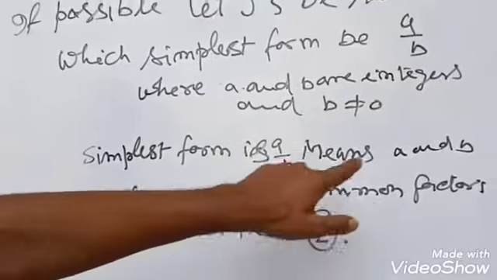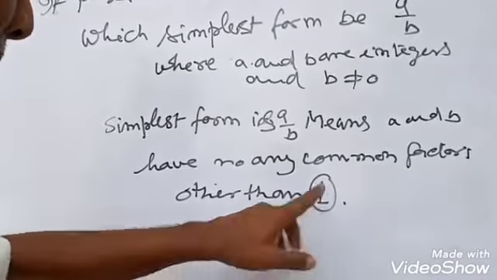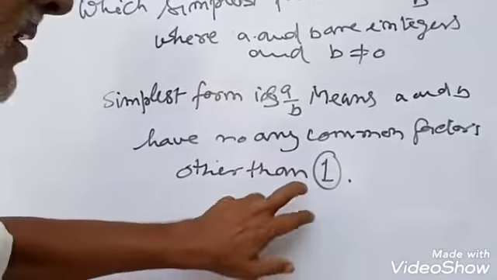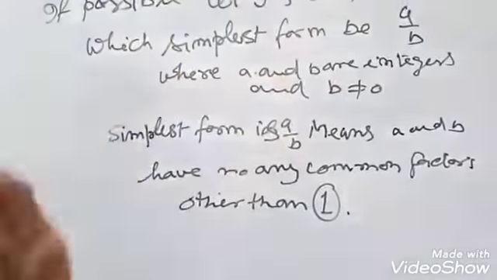Other than one, a and b must have only one as a common factor. There should not be any other factor other than one. This is the basic principle of a rational number.